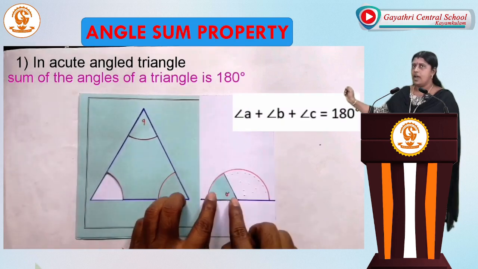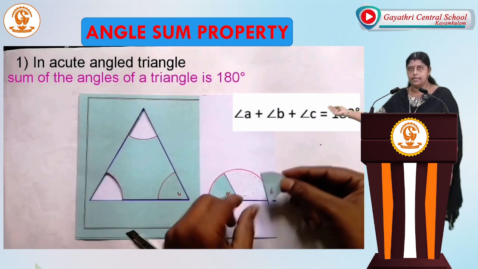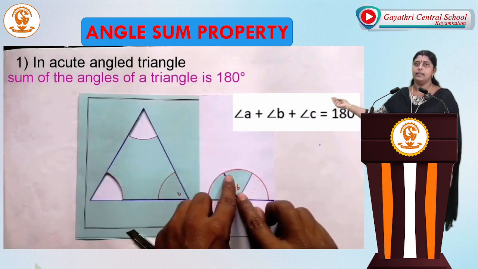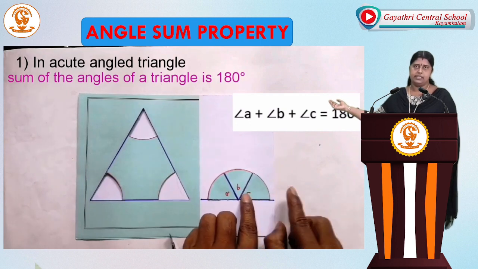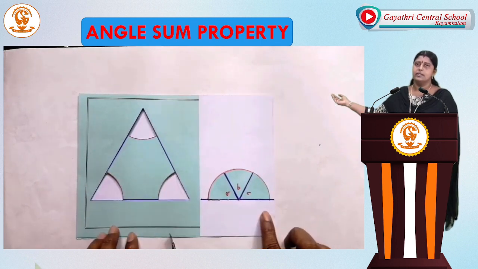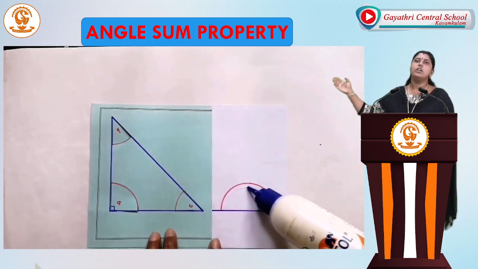Can you see? Angle A. Again, let us take angle B. Then we will take angle C here, pasting like this. This is in the shape of a protractor. The sum of all angles is 180 degrees.